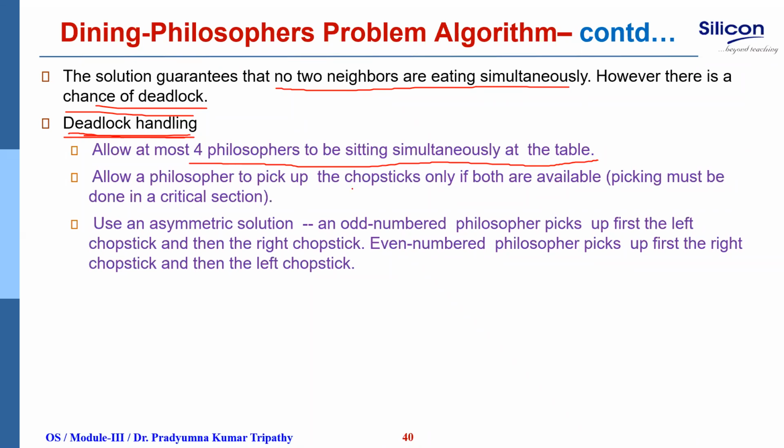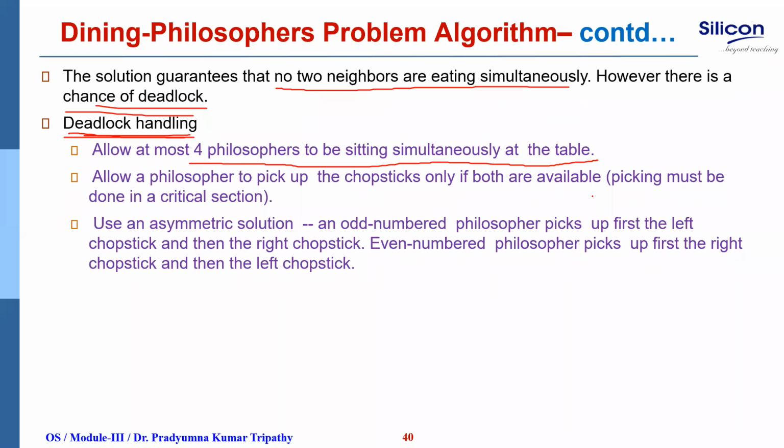Allow a philosopher to pick up a chopstick only if both are available. That means if one philosopher is picking the left one, then trying to get the right one, we'll put a condition that if the right one is not available, you release the left one. Because you cannot eat, you release the left one.